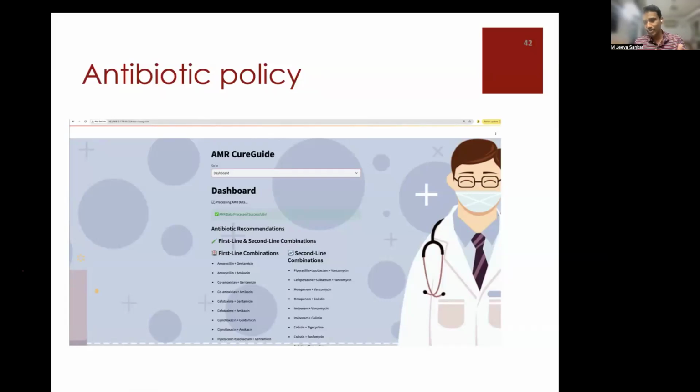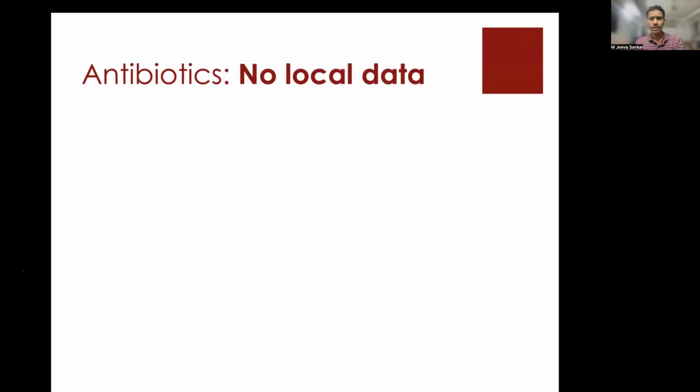We will test it with more data from more units, publish it, and try to make it open access so that people can use it instead of using these fixed steps.